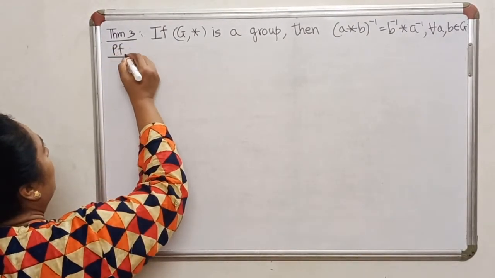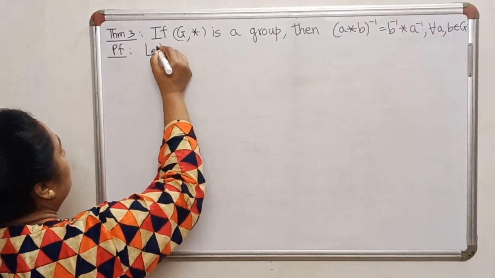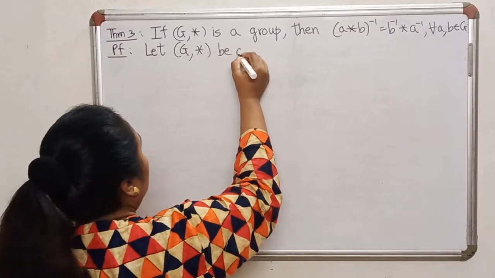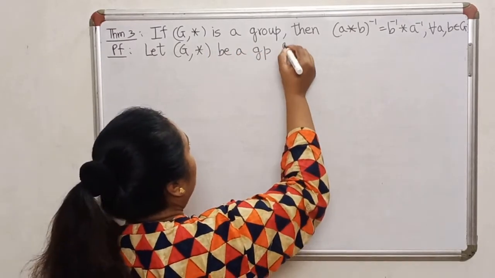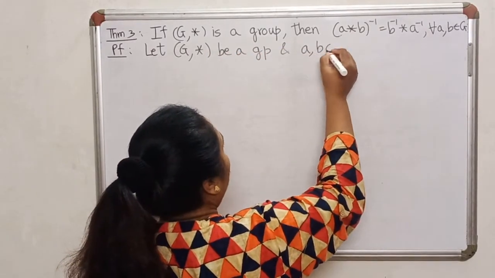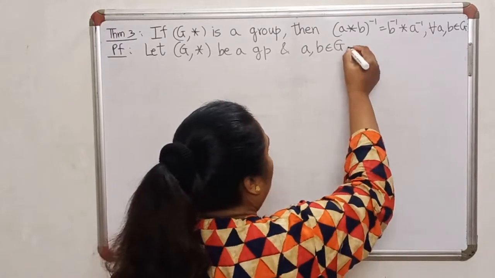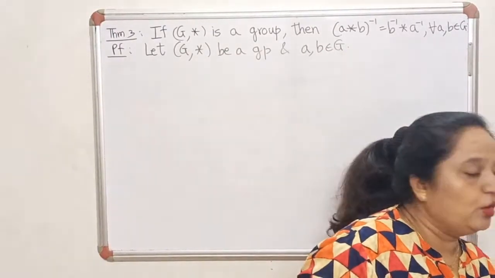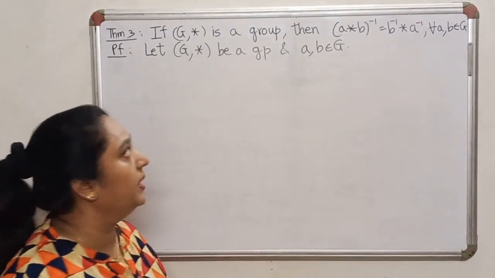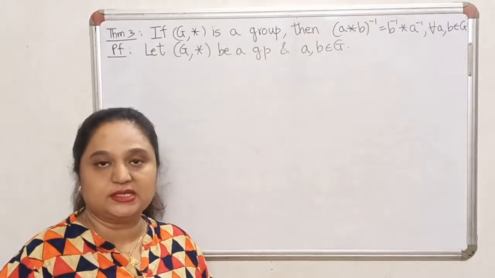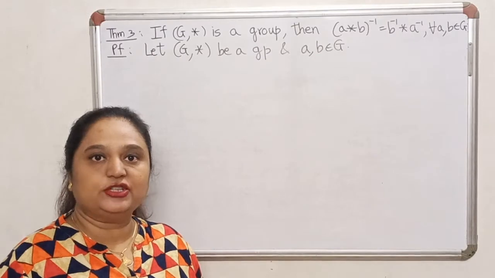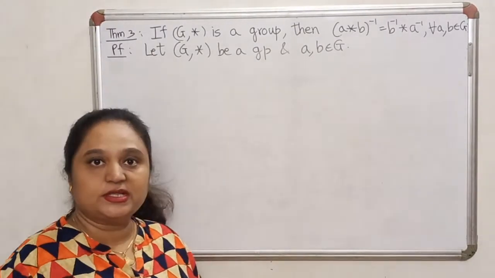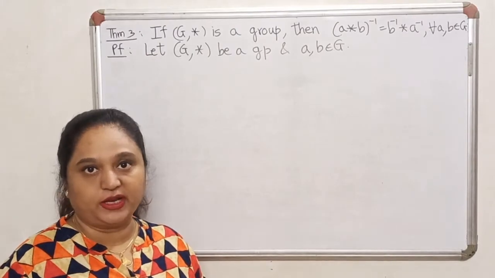So let us begin with any group (G, star), and let us also take any two elements of G. Now we know that every element in G has an inverse, and in the last lecture we proved that inverse of every element is unique. So we also set up a notation for inverse of an element.